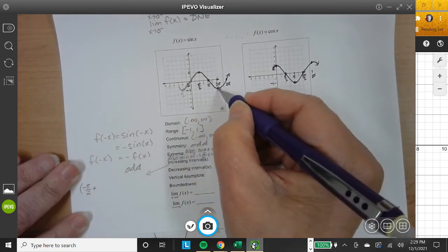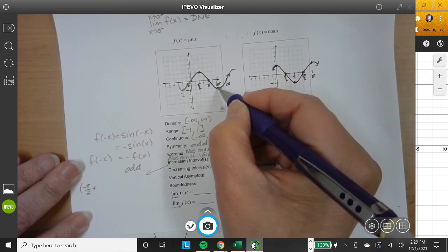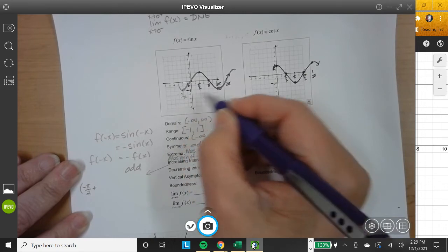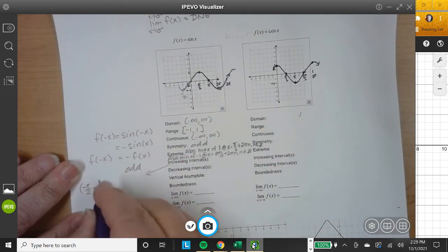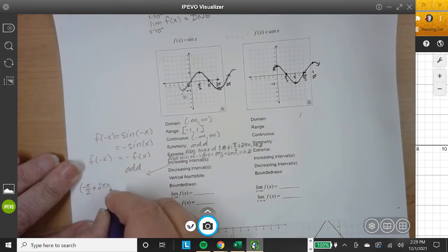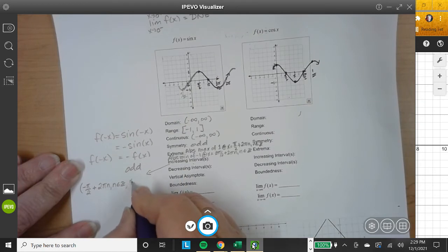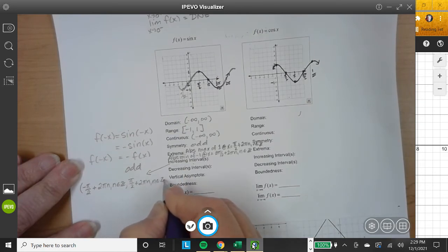Well, that's over here, from here to here. And how far away is that? Negative pi over 2 to 3 pi over 2 is 2 pi apart. So this is 2 pi n, n an element of the integer set, comma, and then I end being increasing at pi over 2 plus 2 pi n, n an element of the integer set.